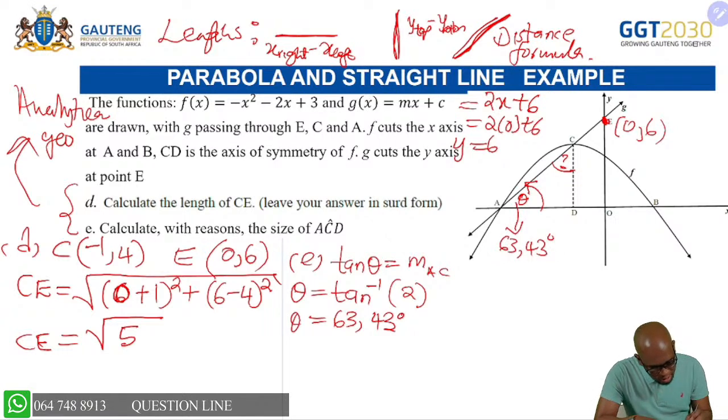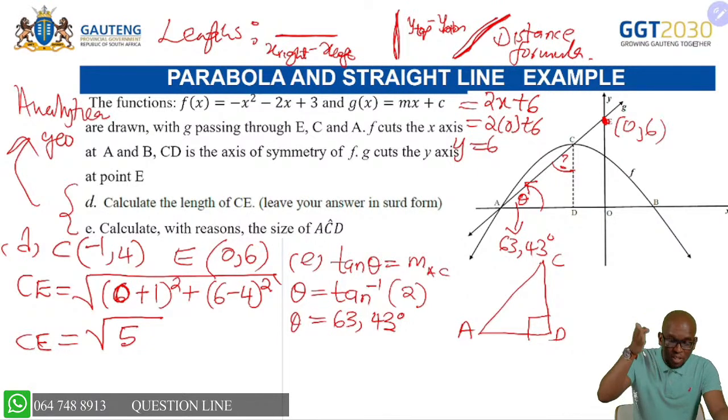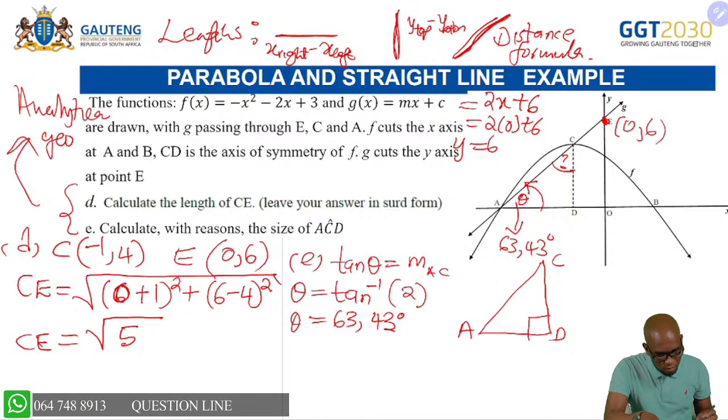Now, if this angle here is 63.43, you can see that triangle CDA is a right-angled triangle because this angle here is 90 degrees. That is the angle that the axis of symmetry forms with the x-axis. Remember, the axis of symmetry is parallel to the y-axis, so it forms a right angle with the x-axis, and this is 63.43, which means if we add all these interior angles, we get 180 degrees.